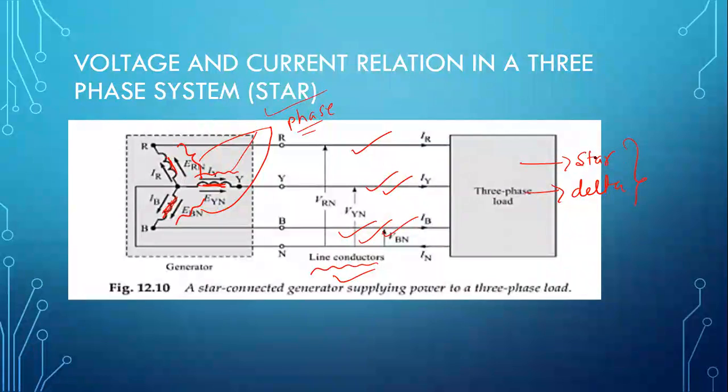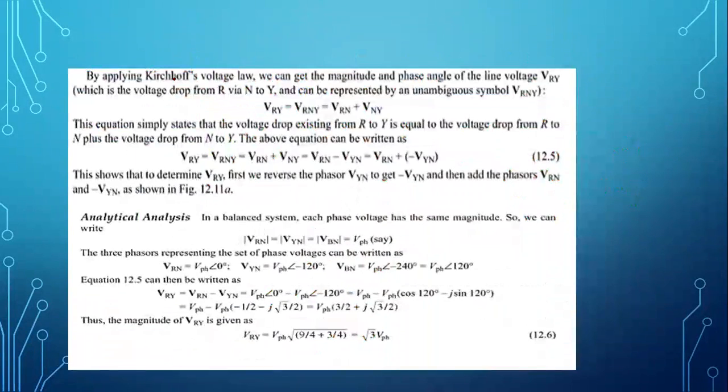Now, when we apply Kirchhoff's voltage law, what we are exactly doing is, whatever my phase voltage is, I'll take that voltage as VPH. Starting with R phase, it is VPH at an angle 0 degree.